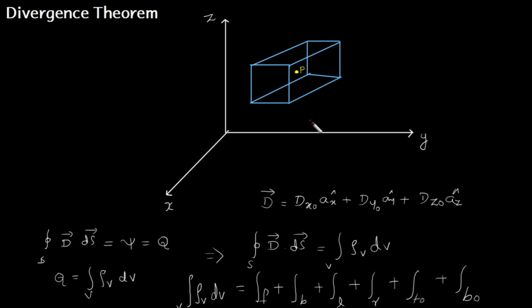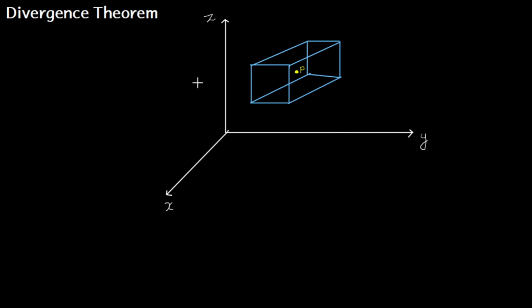I will not have varying flux, since this area itself is very small. If I consider a small portion of this area and another infinitely small portion, then the D vector over this small piece and that small piece of the same surface will be constant. It is not that the D vector will be constant everywhere. On the considered surface, the D vector will be constant if you calculate it at any point on this surface. This is the assumption we are going to make.